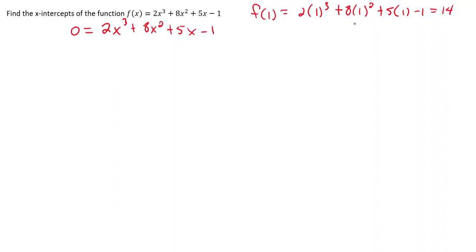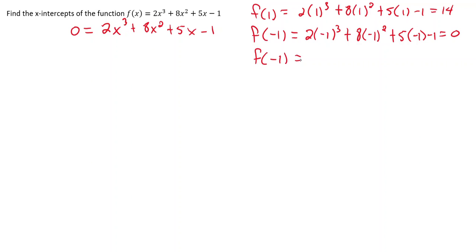So f of 1 is not a 0. But what about f of -1? If we put this one in, this actually does become 0. So 2 times -1 cubed plus 8 times -1 squared plus 5 times -1 minus 1 comes out as 0. So f of -1 is equal to 0.